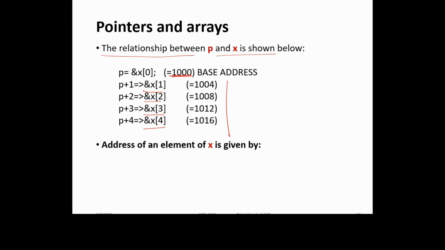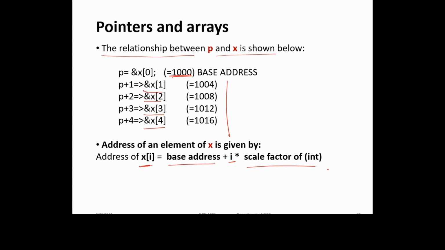So the address of an element x[i] is given by base address plus i into scale factor of int. Basically the scale factor is the size of that particular variable. The size of an integer, if it is a 32-bit system, is 4.